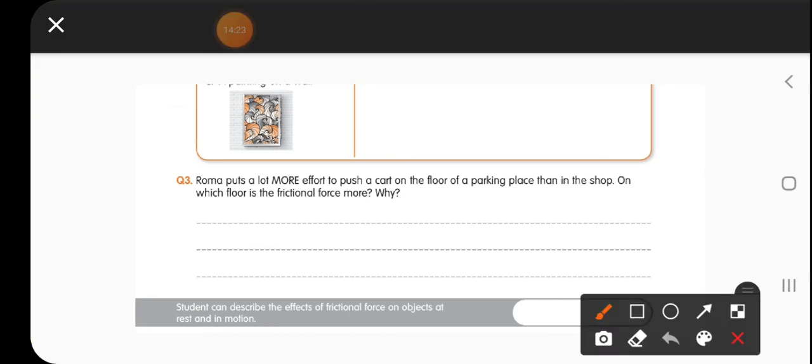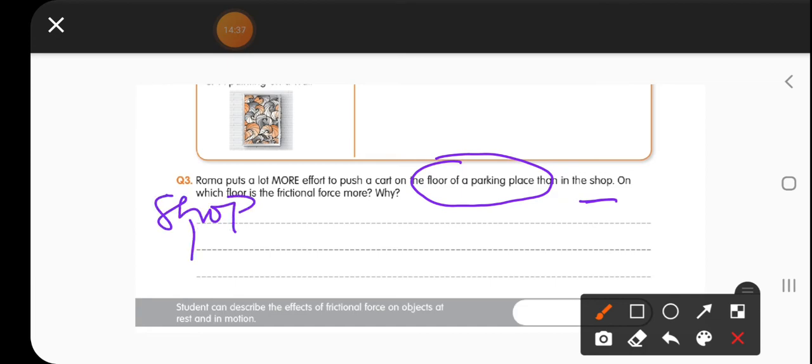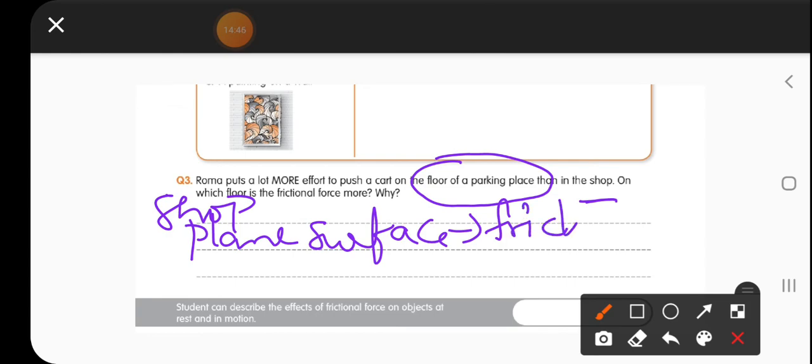She is putting more effort to push a cart in a parking place than in a shop, because in a shop, if you will observe, a plane surface is present. If it is a plane surface, frictional force is less. If the frictional force is less, the force which you need to apply is also less.